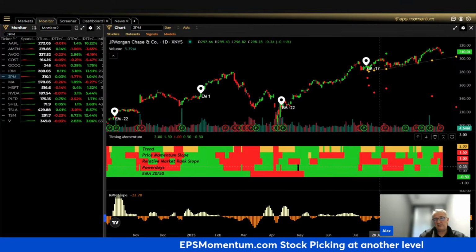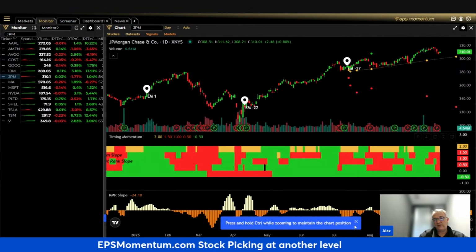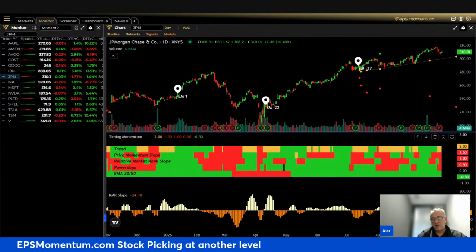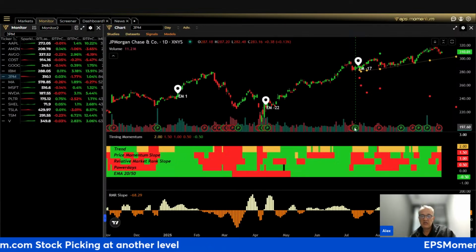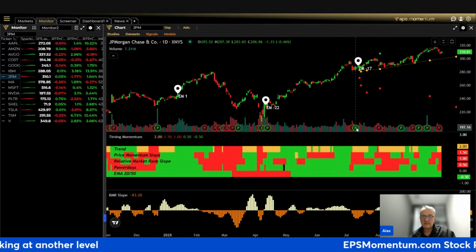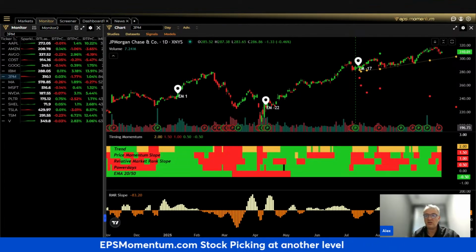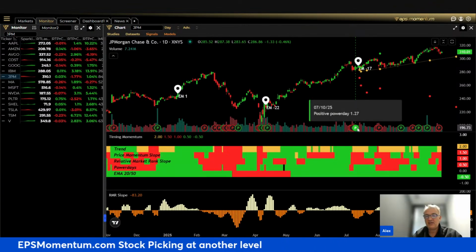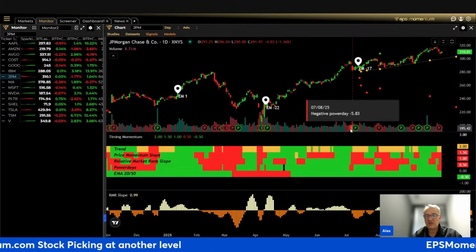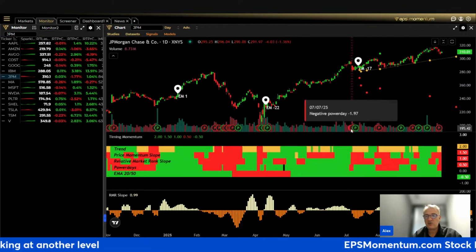The Power Days is probably one of our most famous indicators. What we do here is we take the price sigmas, price standard deviation, and volume standard deviation, or value traded, if you will, and see if there's any number of sigmas that are down or up.